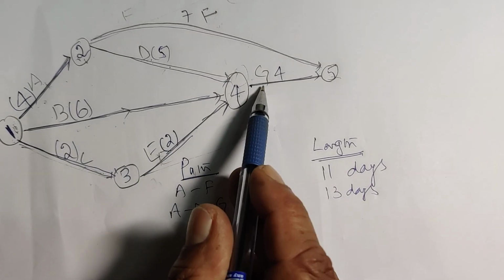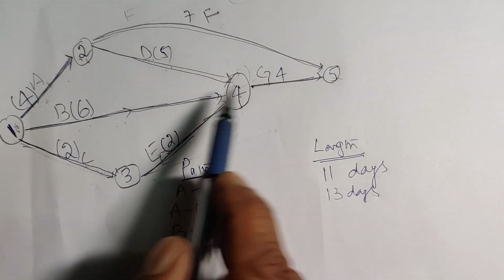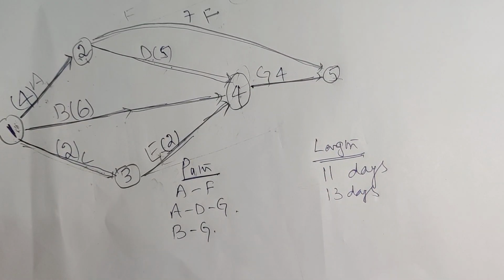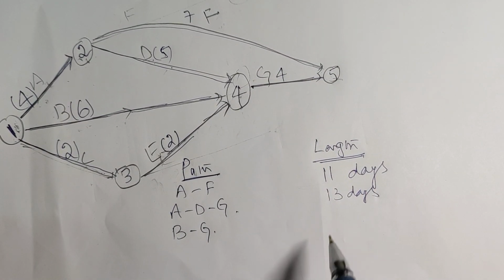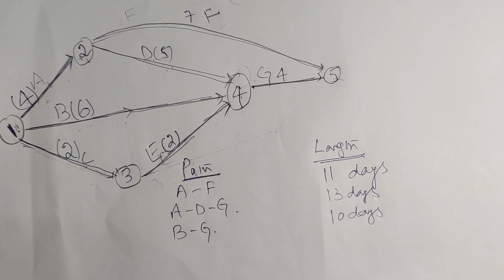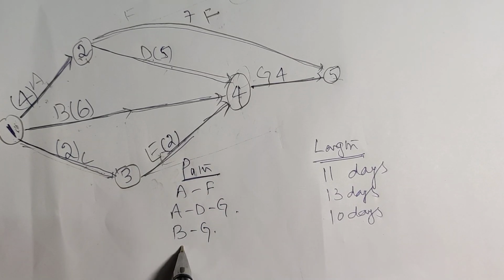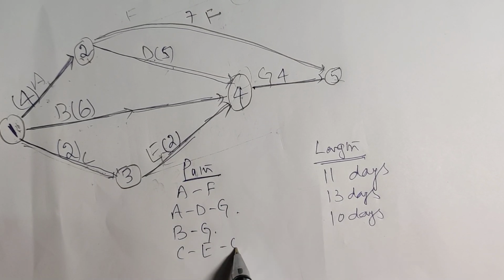Next, one more path BG. This is also one path. B will take 6 days, G will take 4 days. So this is 10 days. Last path is CEG.